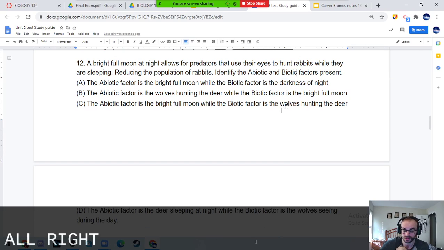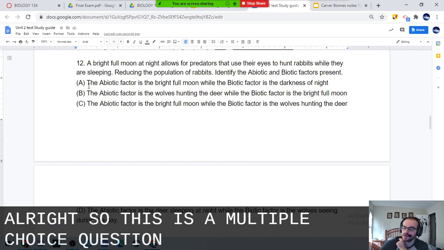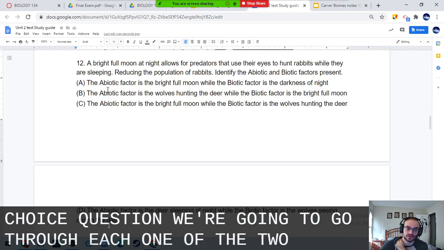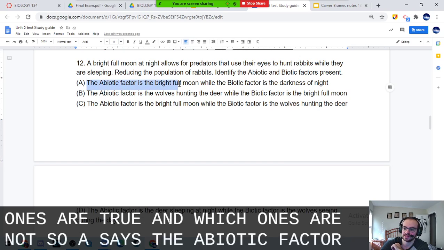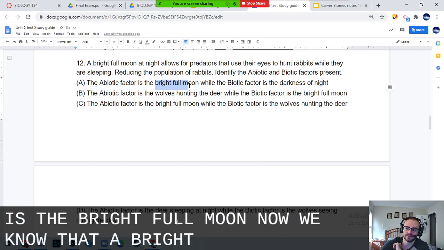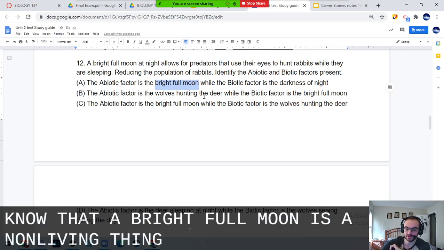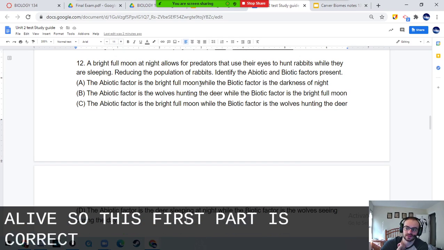All right. So this is a multiple choice question. We're going to go through each one, determine which ones are true and which ones are not. So A says the abiotic factor is the bright full moon. Now we know that a bright full moon is a non-living thing. The moon is not alive. So this first part is correct.